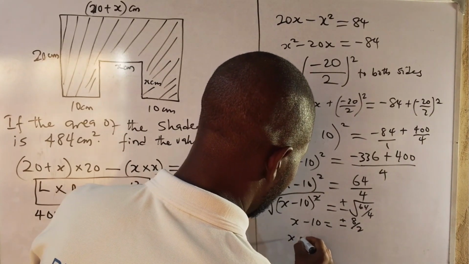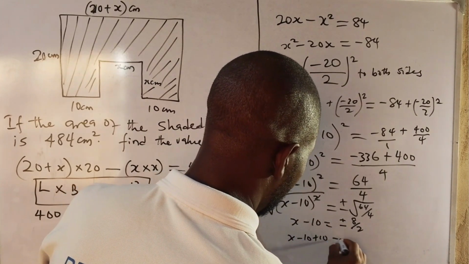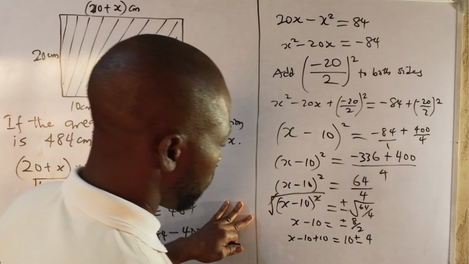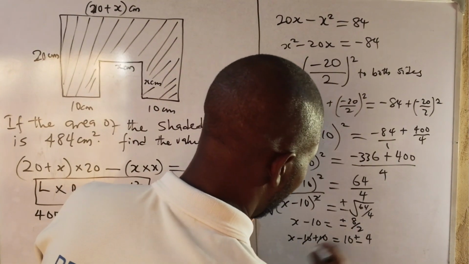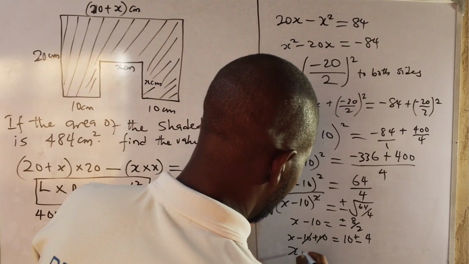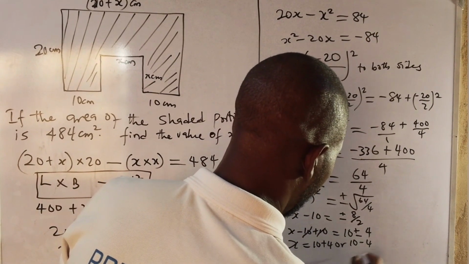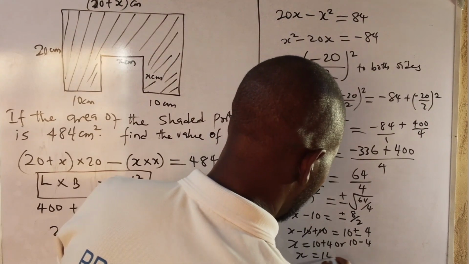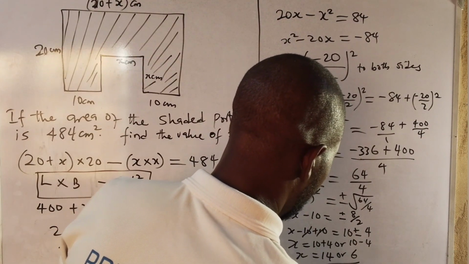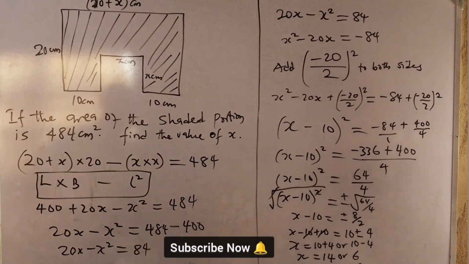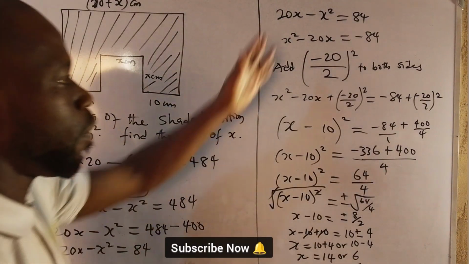You have x is equal to 10 plus or minus 4, since 8 over 2 is 4. So x is equal to 10 plus 4 or 10 minus 4, so x is equal to 14 or 6. And that is the same answer we got when we used the formula method.